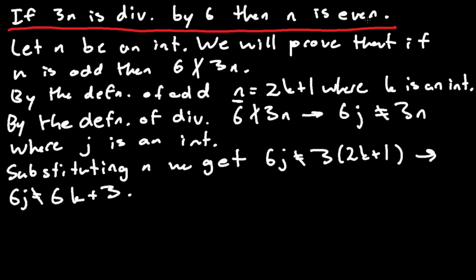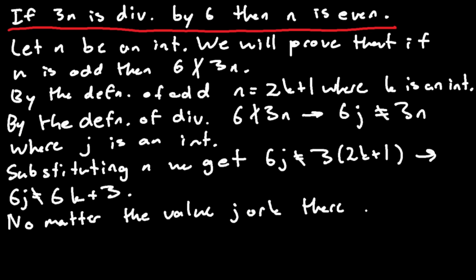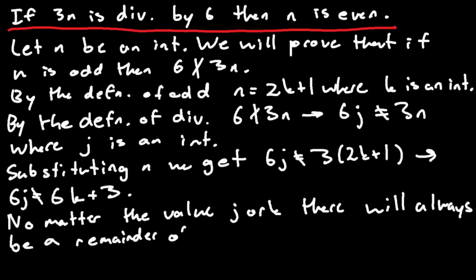Therefore, when n is odd, 3n is never divisible by 6. So as long as n is odd, 3n is never divisible by 6. And we can explain that by saying no matter the value of j or k, there will always be a remainder of 3.